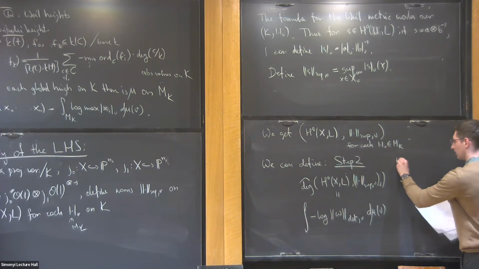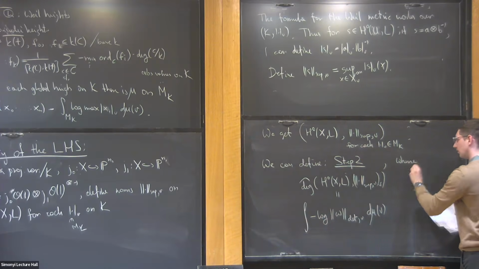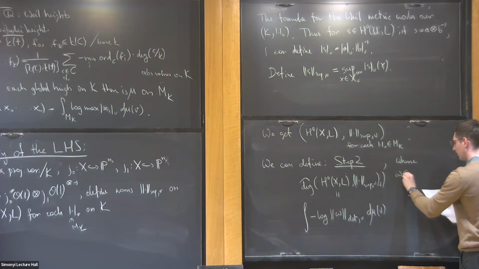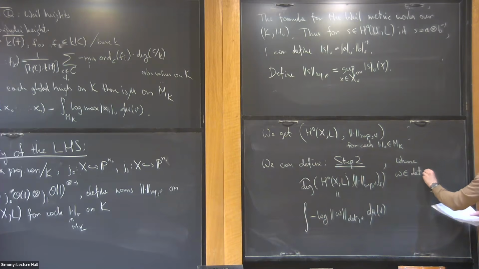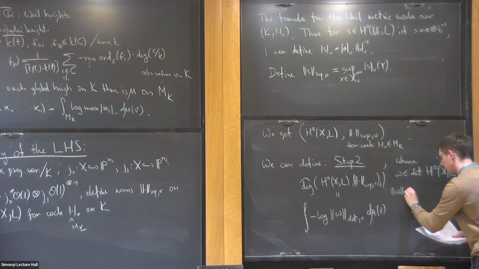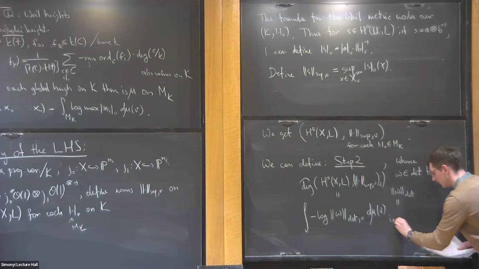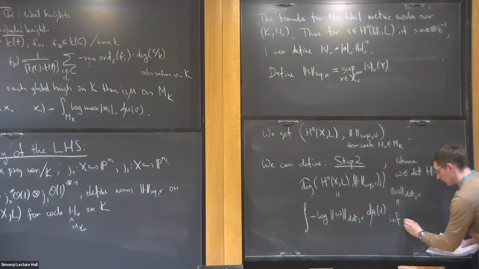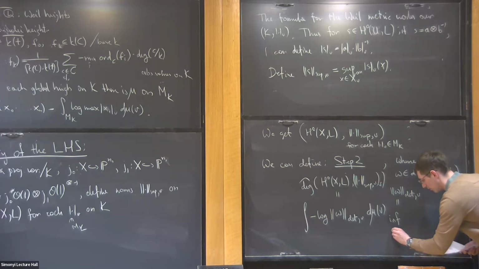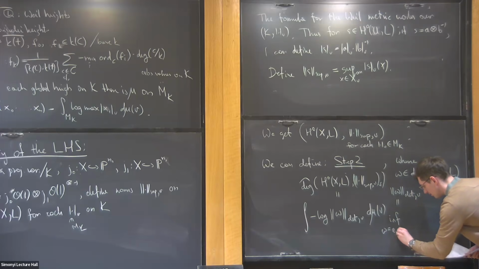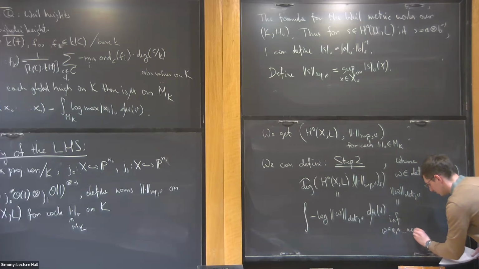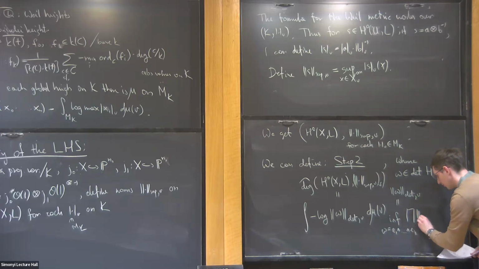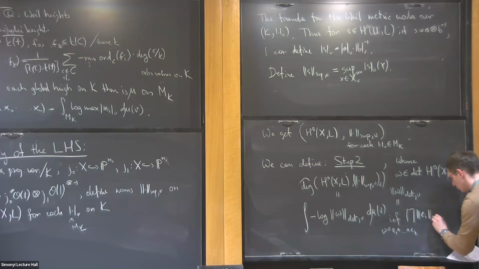So here omega belongs to the determinant line, the determinant copy of K of this H^0(X, L), and the determinant norm is defined as an infimum over omega. We write it as e_1 wedge through e_k, and we take the product of the sub-v norms.